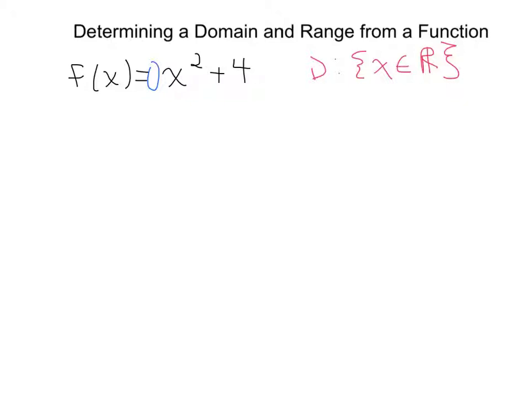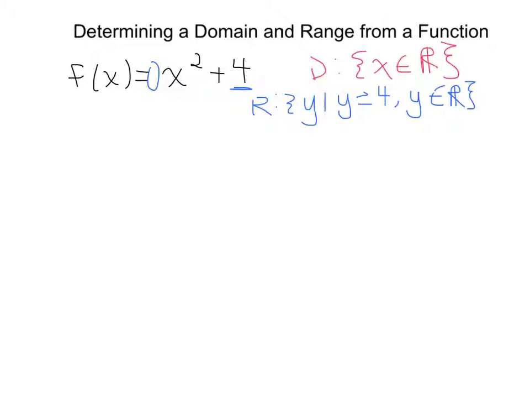Our vertex y value is going to be 4, so if we're upwards, it's going to be all the numbers that are greater than 4. So that means the range is y such that y is greater than or equal to 4, where y is an element of the real numbers.